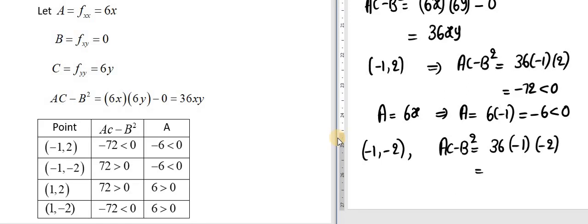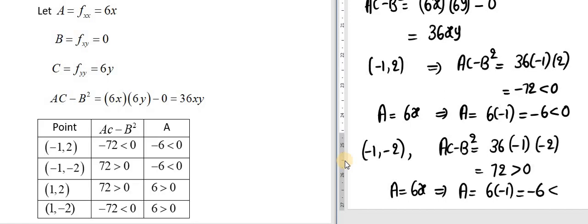So minus into minus plus 72. 72 is greater than 0. A equal to 6x implies A equal to 6 into minus 1, that is minus 6 less than 0.